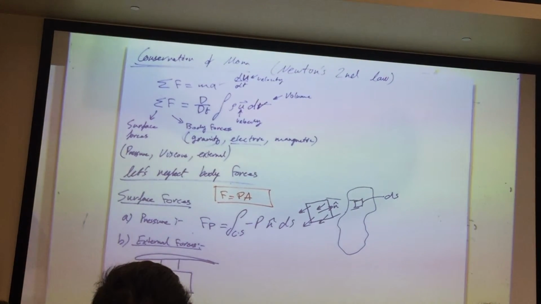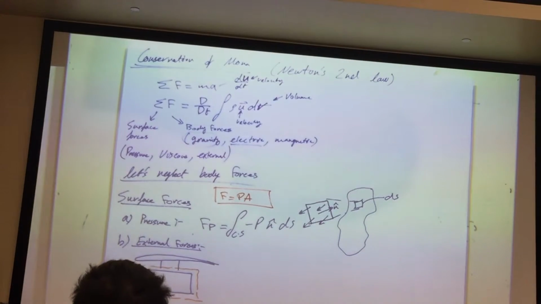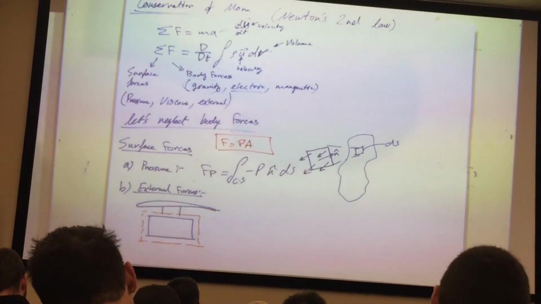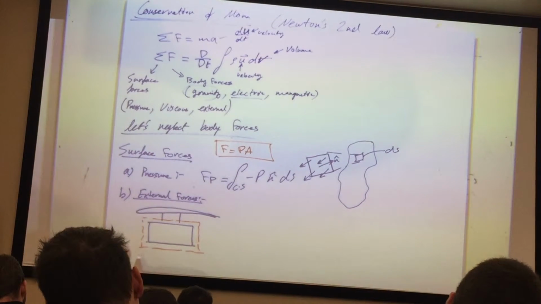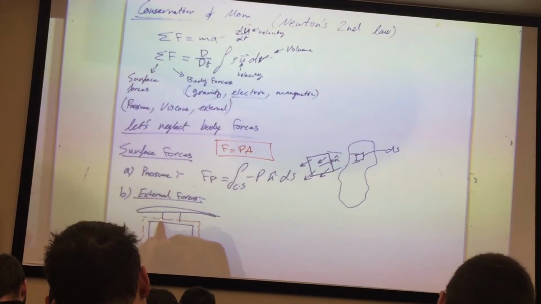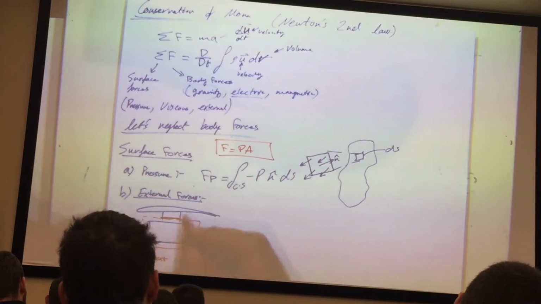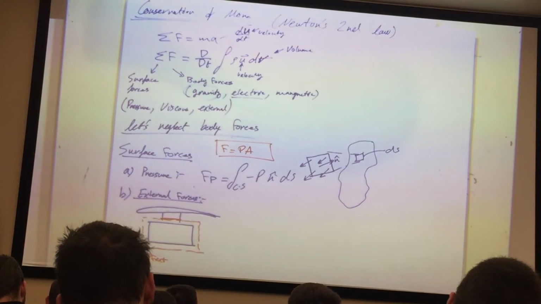So if I draw my control volume right here, my external force happens right here. This is attached to that system. This is an aircraft of some sort.